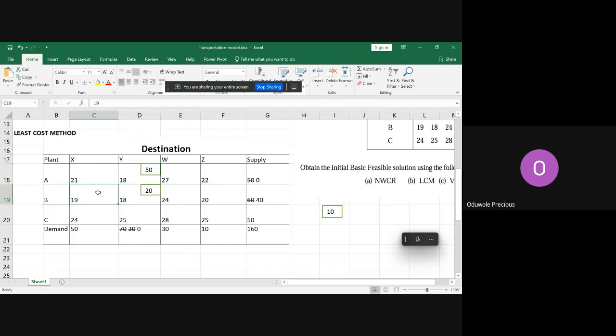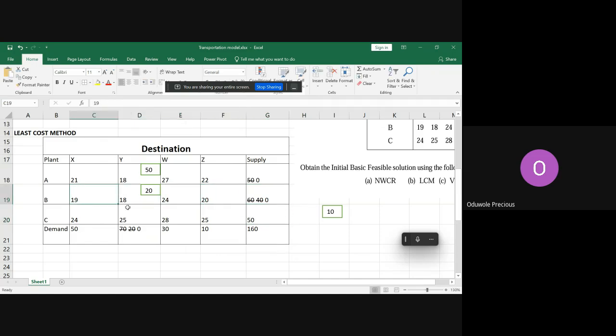So the next least number is 19. And under 19, we have demand of 50, right? We have demand of 50 and we have 40 supplies. So let's give them what we have, right? So we give them the 40 supplies, it becomes 0. Cancel out the 40.